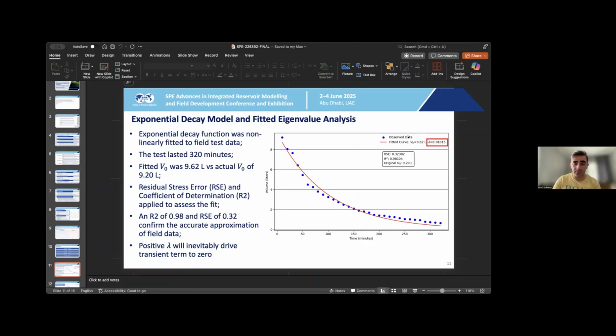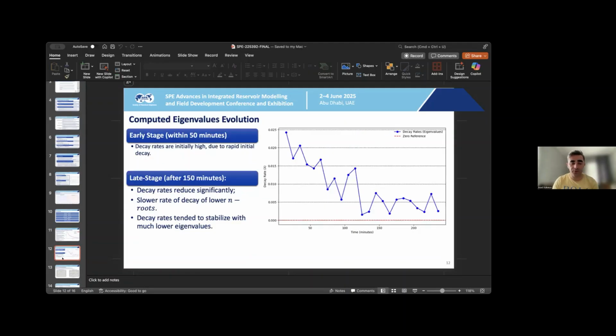Okay. Once you do the eigenvalues, not fitted, but in this case, you will go computed eigenvalues. The reason for computed eigenvalues is that again, the functions follow exponential decay. So you can pretty much calculate approximately, you can predict how much fluid you're going to get during the inflow test, right? And then you can compare your computed eigenvalues against your real data.